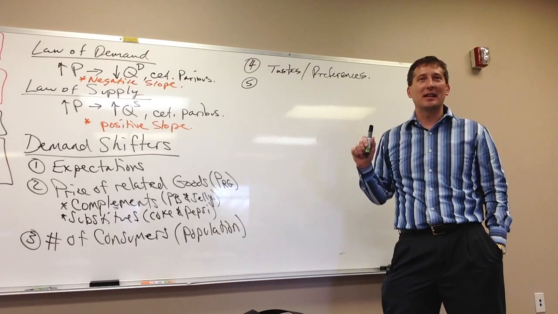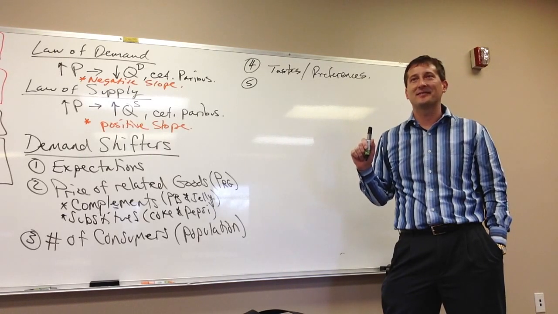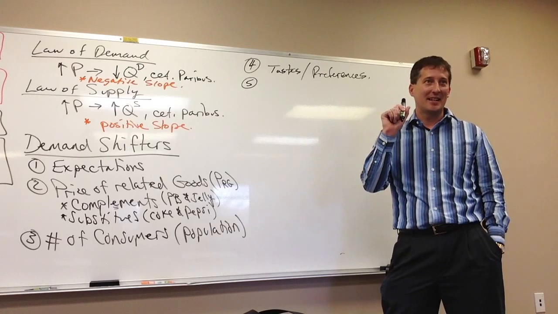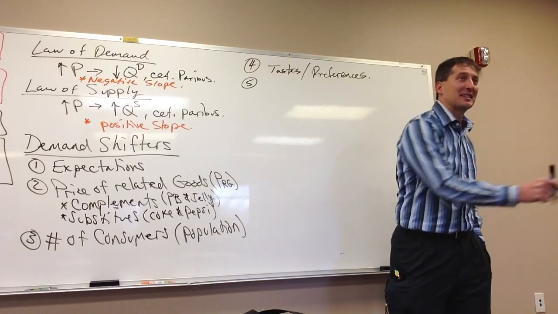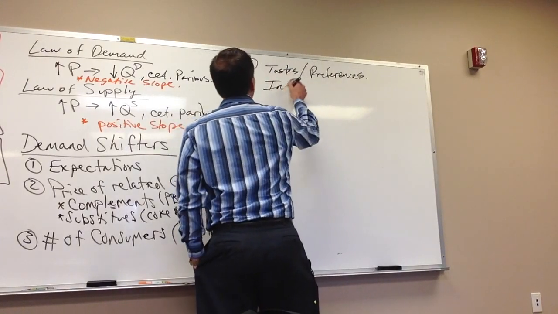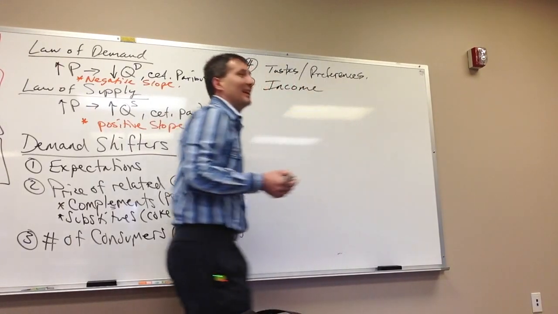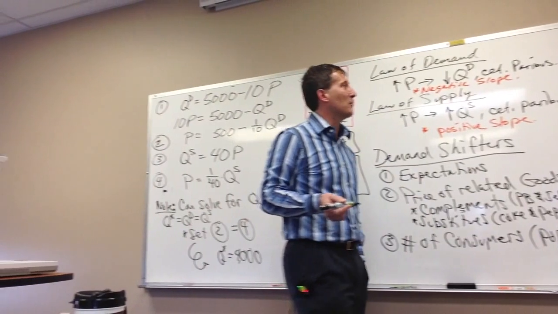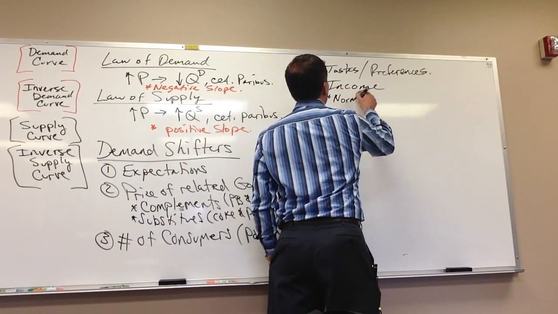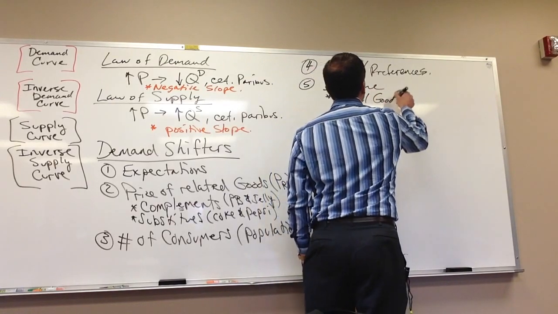Bud Light, Keystone Light, ramen noodles versus fancy dinner at Olive Garden. Income? Inferior goods, and most of the time our income, yes. When we have more money, we tend to buy more things. So most goods are normal goods.